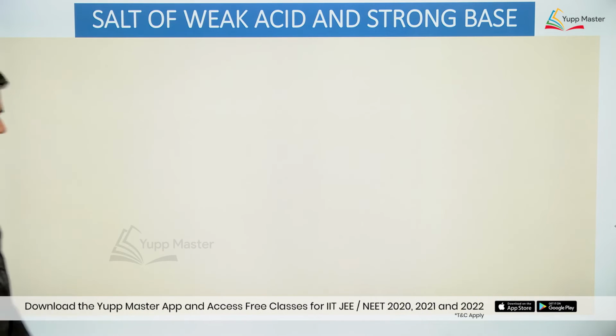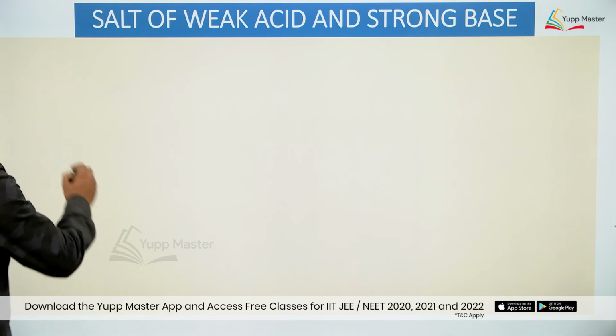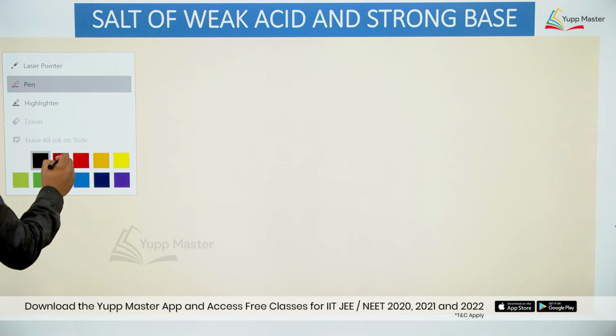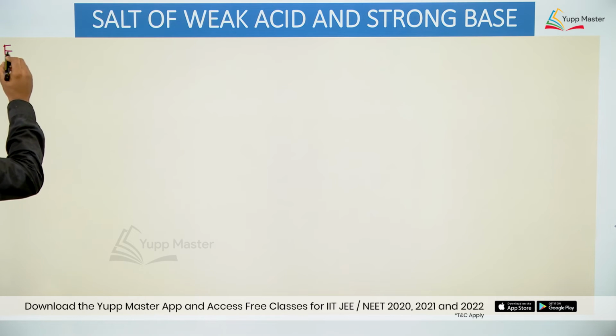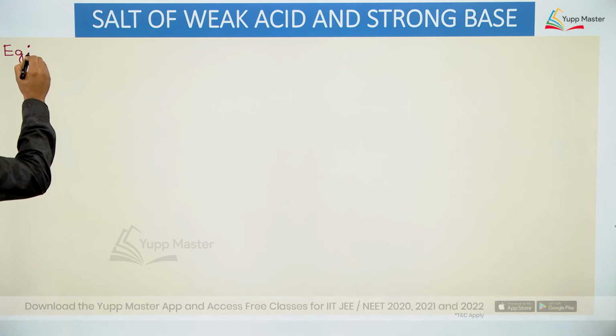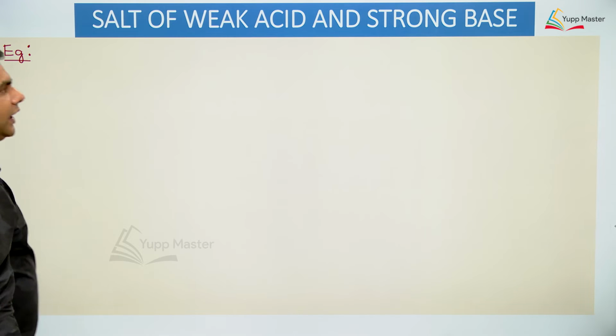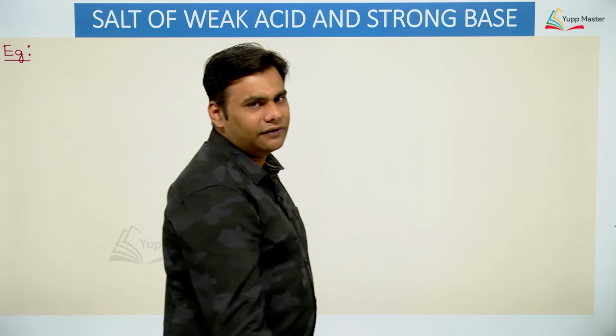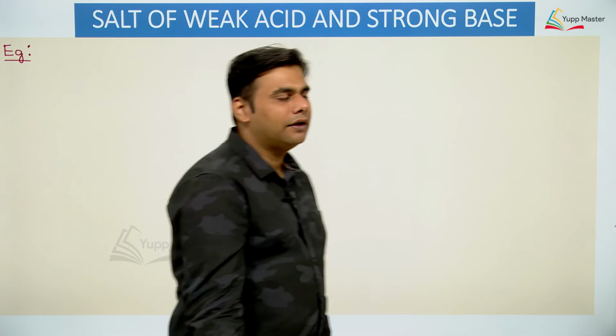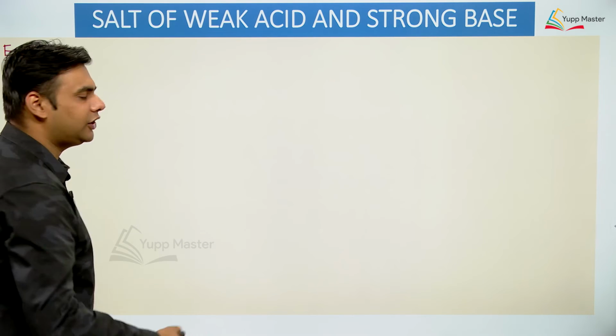Now let us consider the next case, that is salt of a weak acid and a strong base. Examples of these would be: acetic acid is a weak acid, any organic acid is a weak acid, and strong bases like NaOH, KOH.